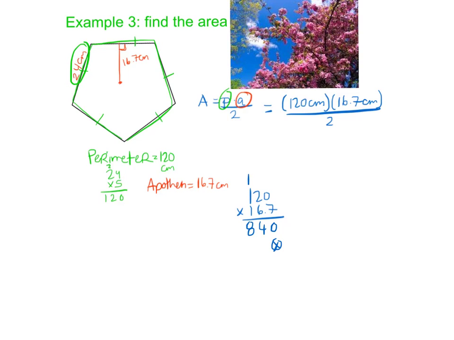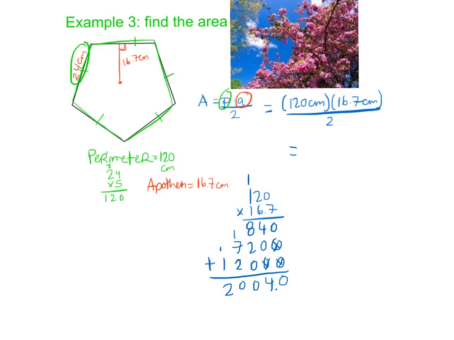And then I put my placeholder. 6 times 0 is 0, 6 times 2 is 12, and there's my 1. 6 times 1 is 6, plus 1 is 7, and now I need 2 placeholders. 1 times 0 is 0, 1 times 2 is 2, and 1 times 1 is 1. Now I add all this up and I get 0, 4, 10, 10, and 2, and 1 decimal place.